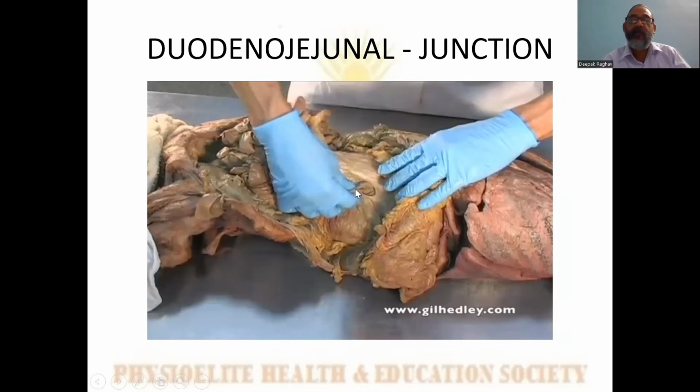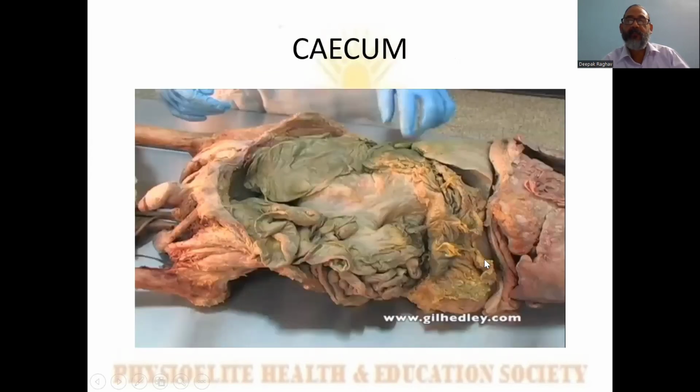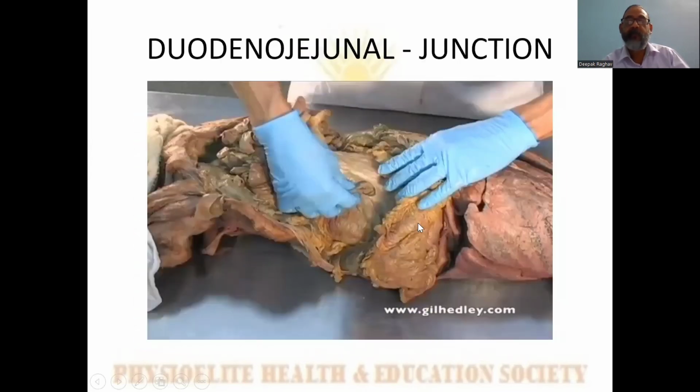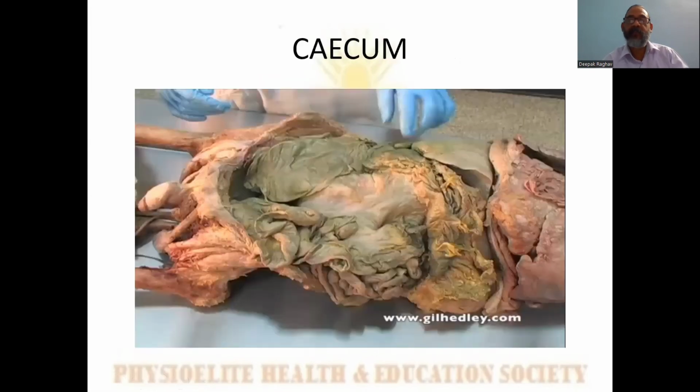This is the duodeno-jejunal junction, a small opening that is retroperitoneal. Below this peritoneum, the junction is present here.